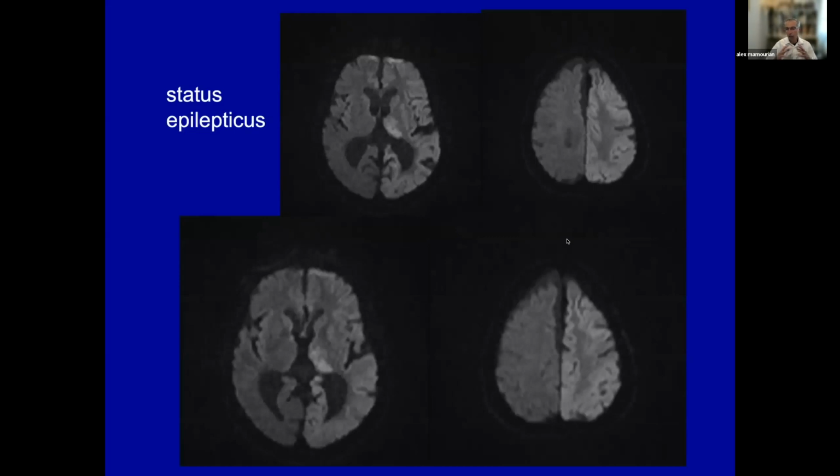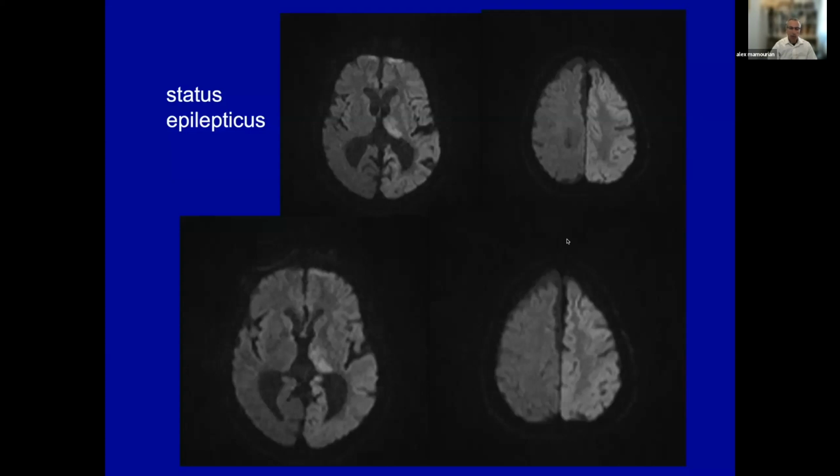This is another phenomenon that I want you to be aware of in the setting of epilepsy. While we look for signal abnormalities as the cause of the seizures, you can also see abnormal signal as the result of seizures. Many of you may have seen this in your MR practices.